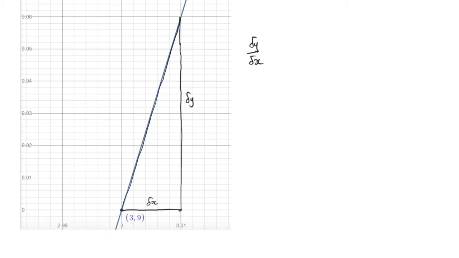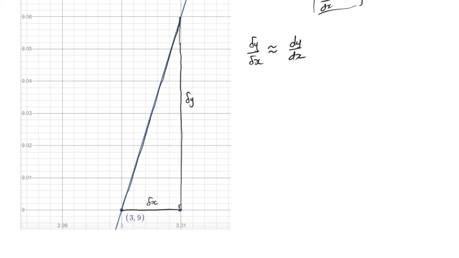Because they're approximately the same, we can say that this is going to be approximately the same as the gradient of the function at a certain value for x. And in this case, our original one was going to be 6, wasn't it? Because we were focusing on when x is equal to 3. Okay, so that's the important part of it. I can actually show you as well that it is going to be more or less the same thing.